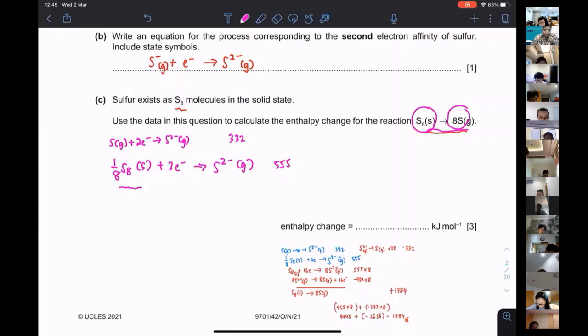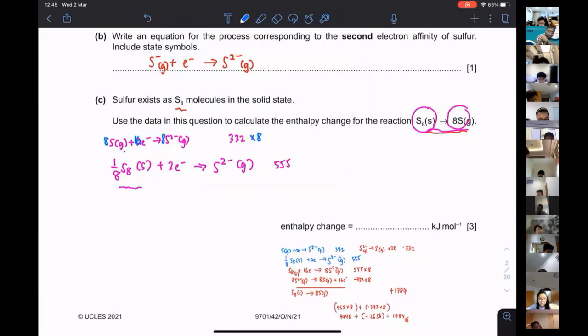So if you look at here, this is still going to be on your left hand side. And then they want 8S. So what you can do, you can times 8 and you turn the equation around. If I times by 8, this one is all 8, this is 16, this is 8. So I just need to turn the equation around.